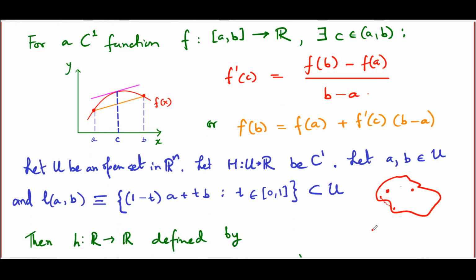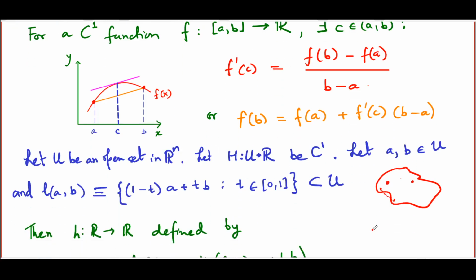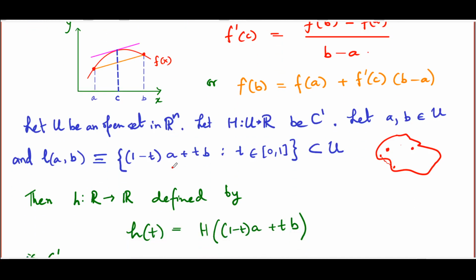Now if that happens, then what we can do is make use of the mean value theorem for single variable functions by introducing a single variable function from R to R, this small h, which you define in this particular manner. You take h(t) as capital H acting on (1 minus t)A plus tB.